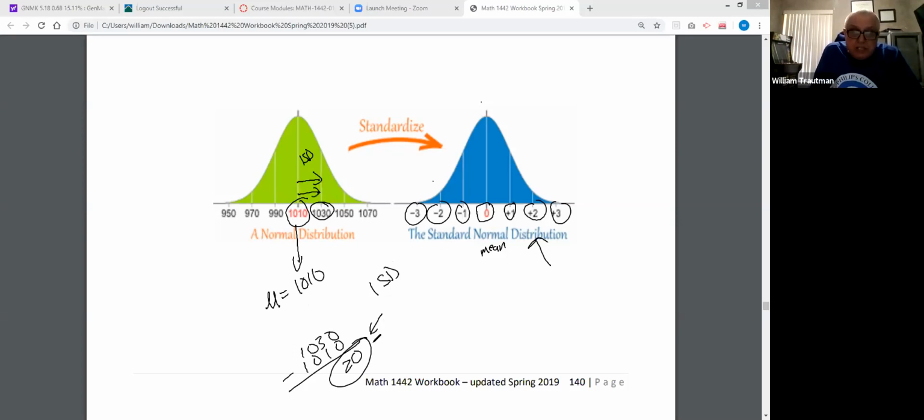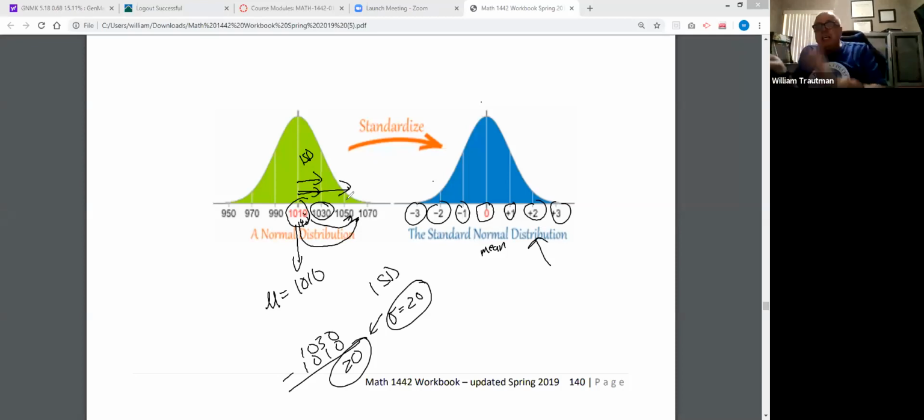Two standard deviations would be 40 then. If you add 40 to 110, you get 150. If you add 60 to 110, you get 3 standard deviations.